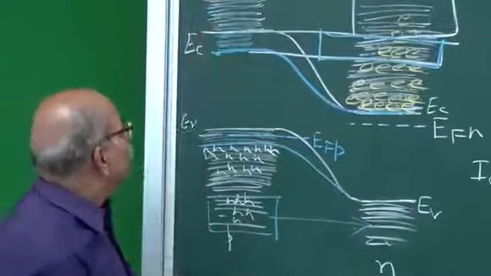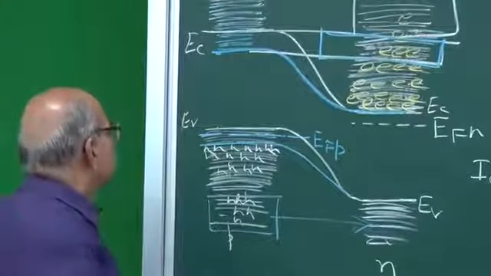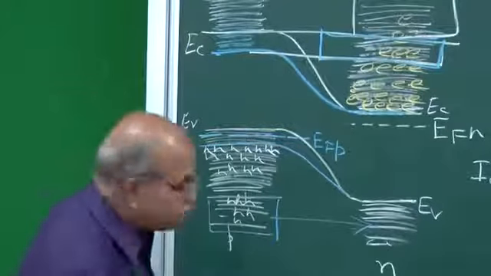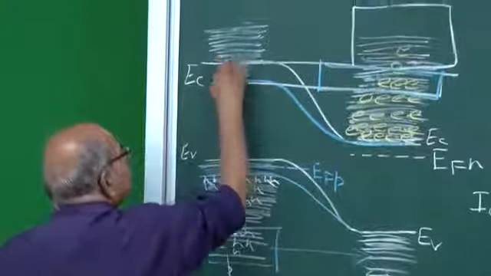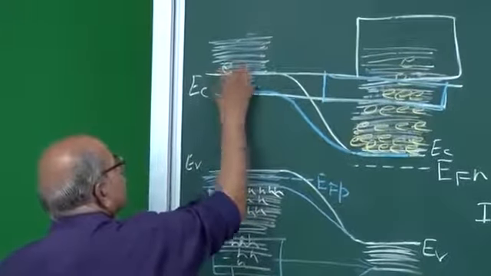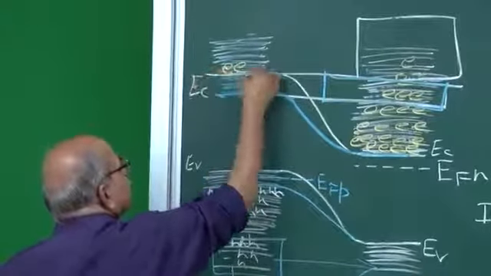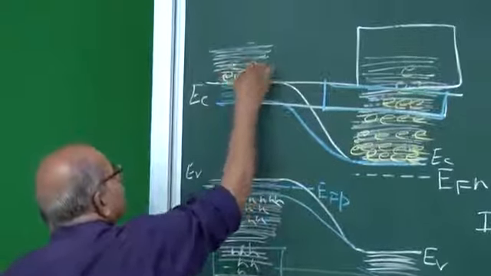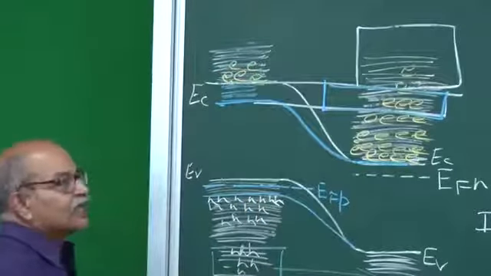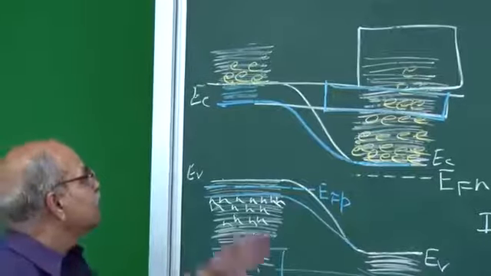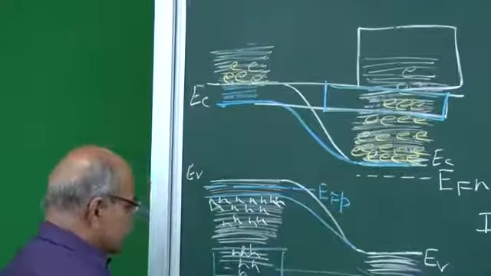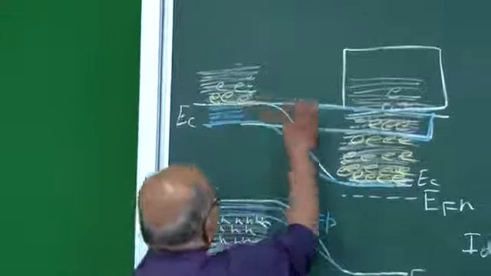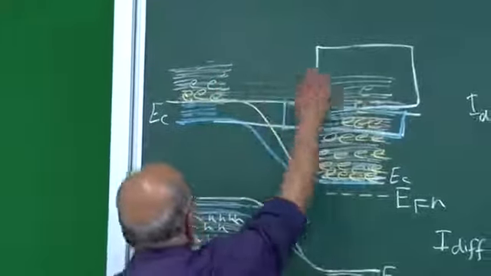So let me draw on this diagram itself. Originally your minority carriers start from here. This was the bottom of the conduction band. So these were the minority carriers, and under the electric field they tried to move towards this n side, and successfully they could do that because you had quantum states all over.